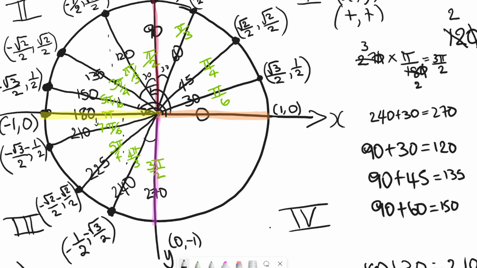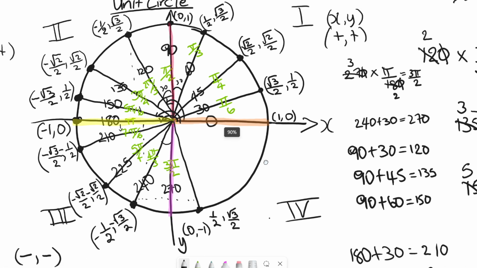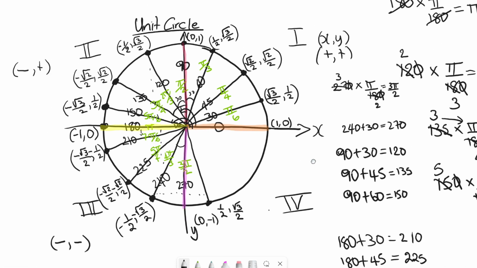So I'm now flipping. So if I go here, this is going to be a mirror for this point. So this is going to be 1/2, √3 over 2. But I can also use the fact that I should know what my signs are.